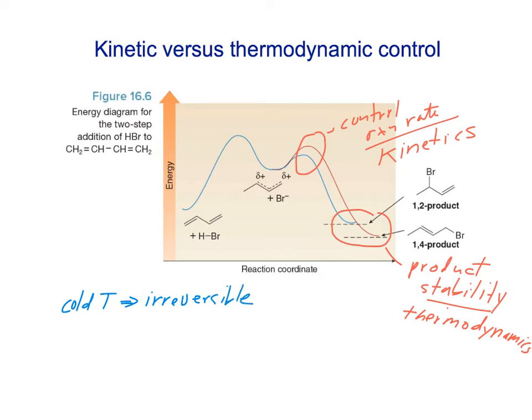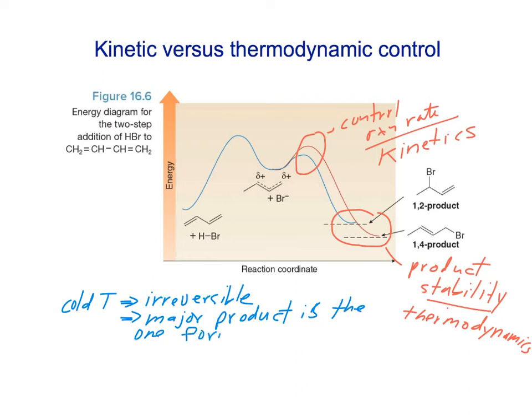Okay? That means if it's only going to go in the forward direction, then it has only to do with kinetics, and the main product is going to be the one that has the lower energy transition state, that's formed faster. Okay, so then we could say the major product is the one that's formed faster.